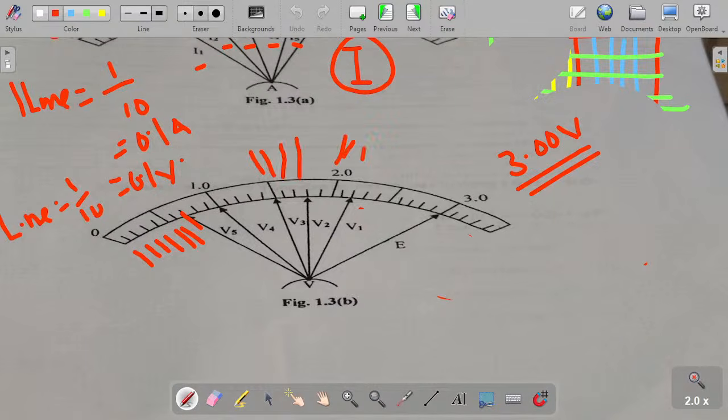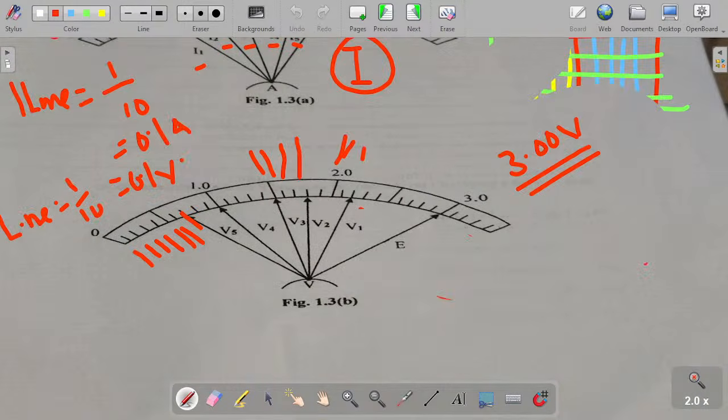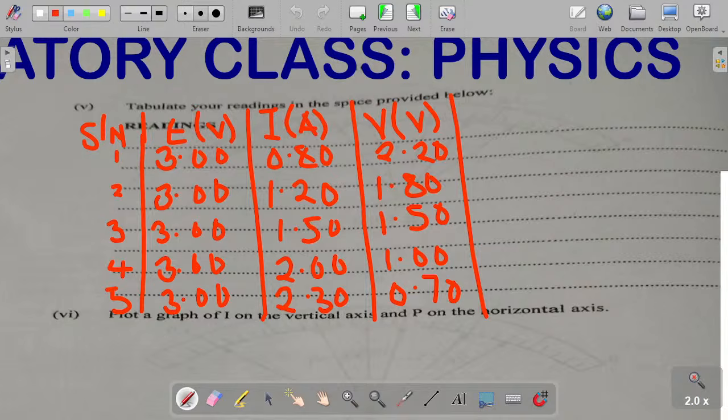We evaluate P equals E minus V. That is the value of P. So I will have another column for P equals E minus V. I also put the unit. EMF is in volts, potential difference is in volts, so the unit is also in volts. I always state the units. So what is my P?